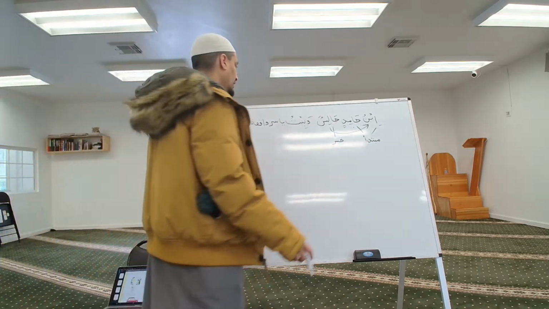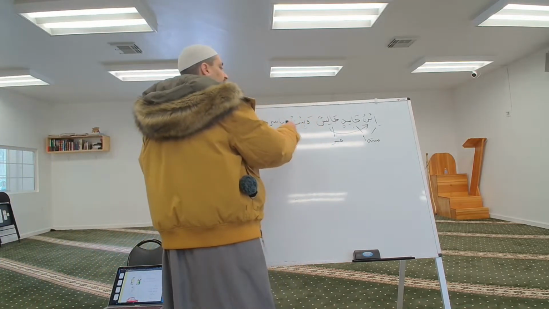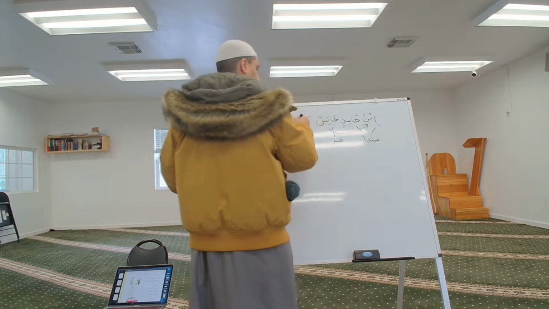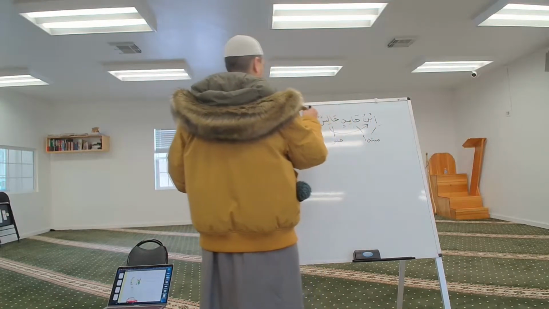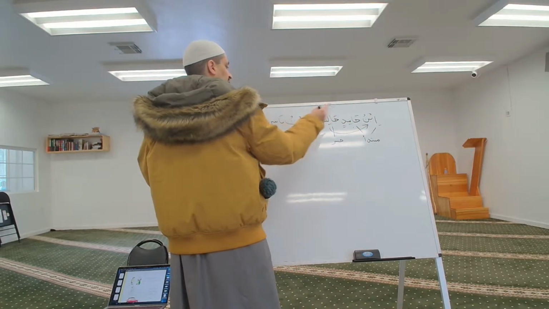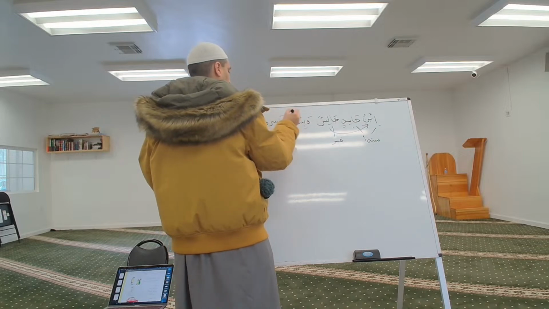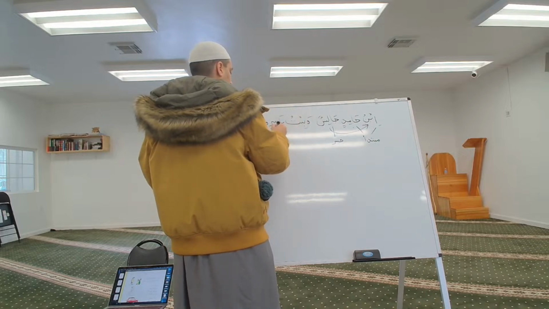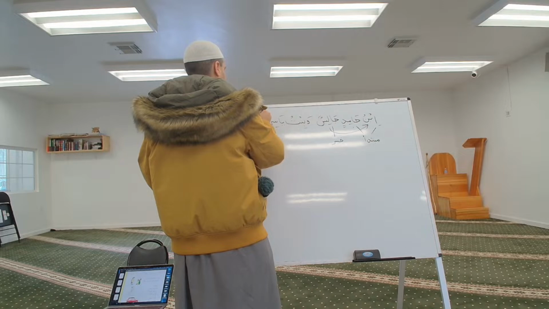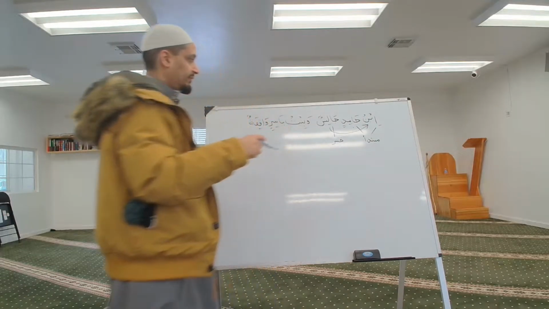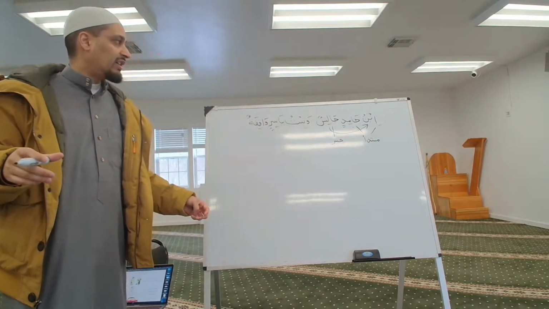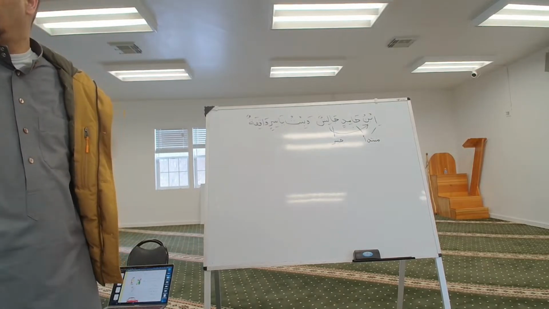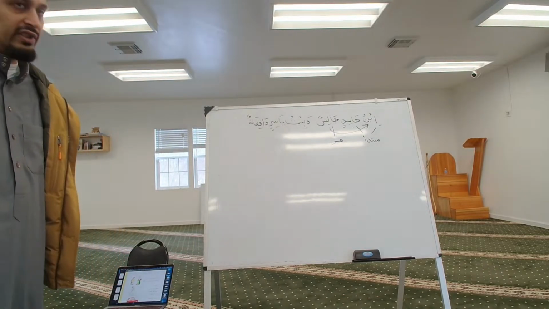Now, wa bintu Yasirin, and then it's mudaf ilayh. Before it becomes mubtada, it's mudaf ilayh, but we don't need to know that. Wa bintu Yasirin waqifatun. So the second part of the sentence, what do we have over here?